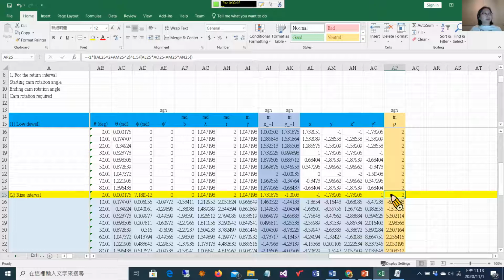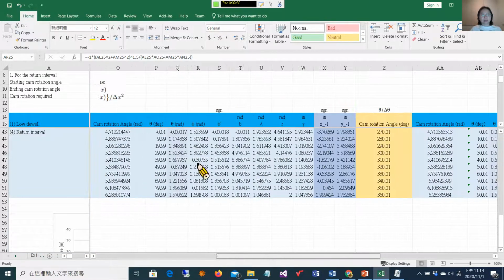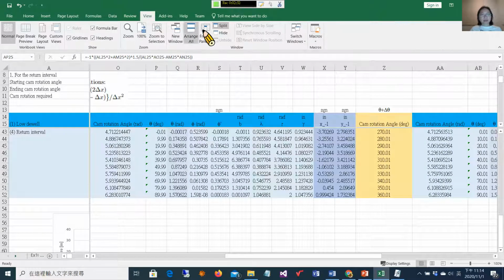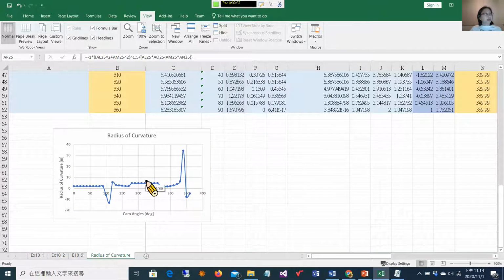For the radius of curvature, we need to consider the variable SGN too. Again, we use the Excel scatter function to plot the radius of curvature diagram here.